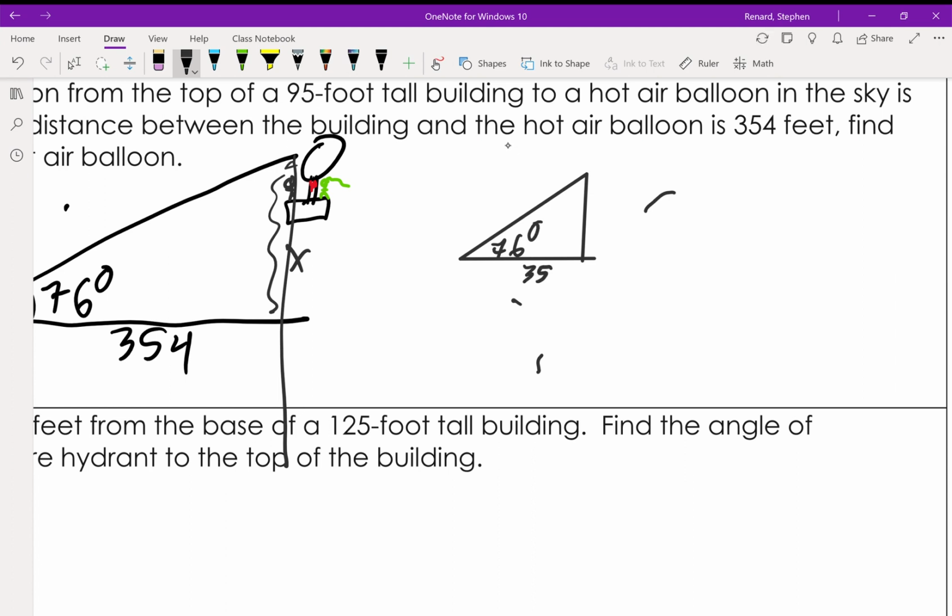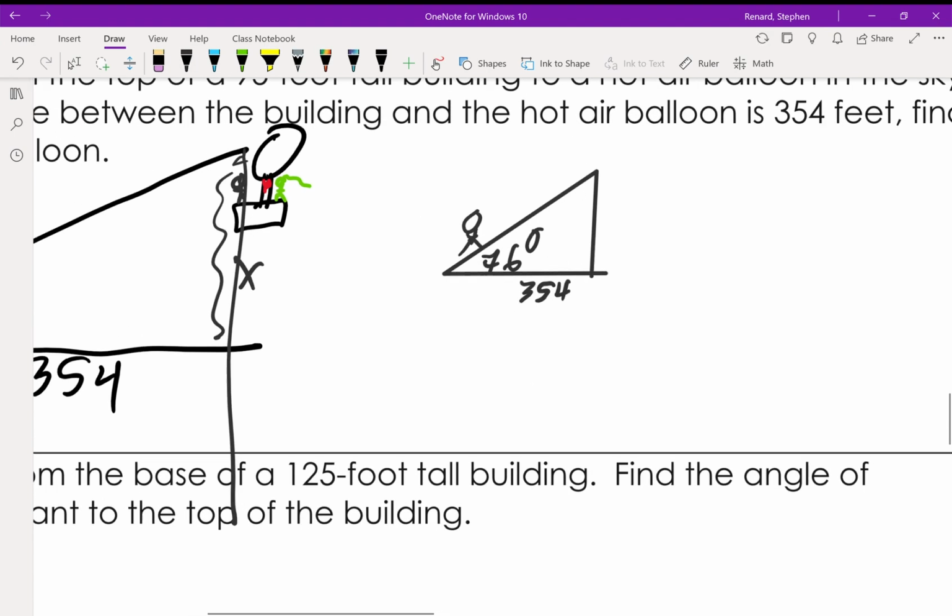This is 354. So now we just solve it like we did above. Here's Andy. I know this is my 90-degree angle, so this is my hypotenuse. Andy's always standing on the corner of hypotenuse and adjacent, so this is my opposite. This right here, that's what I'm looking for. So I have opposite and adjacent.